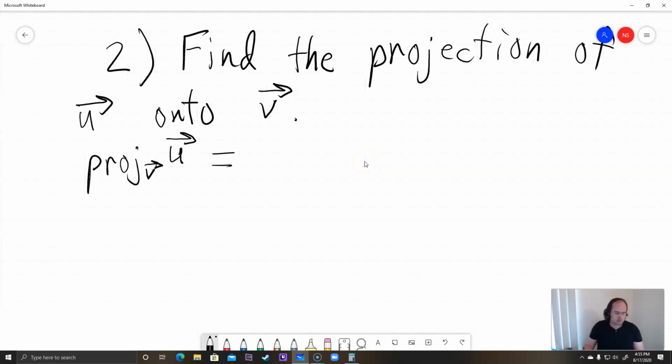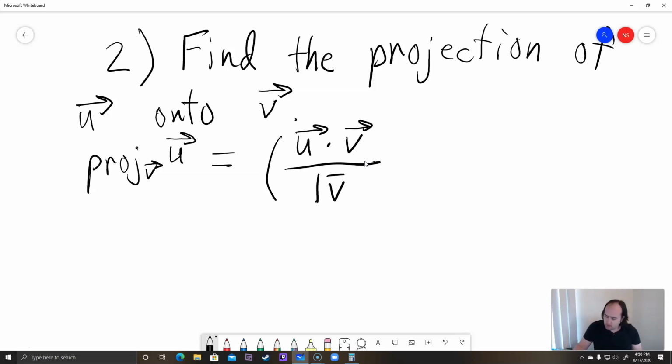So writing it down, we've got the quantity u dot v over the length of v squared, parentheses around all of that, and then we have v.